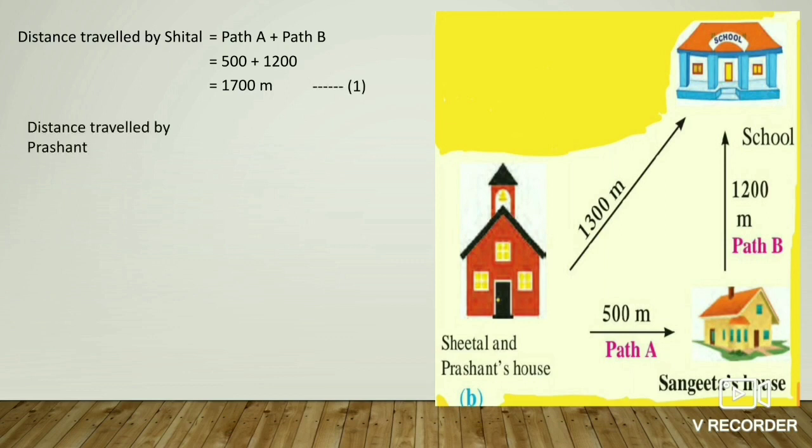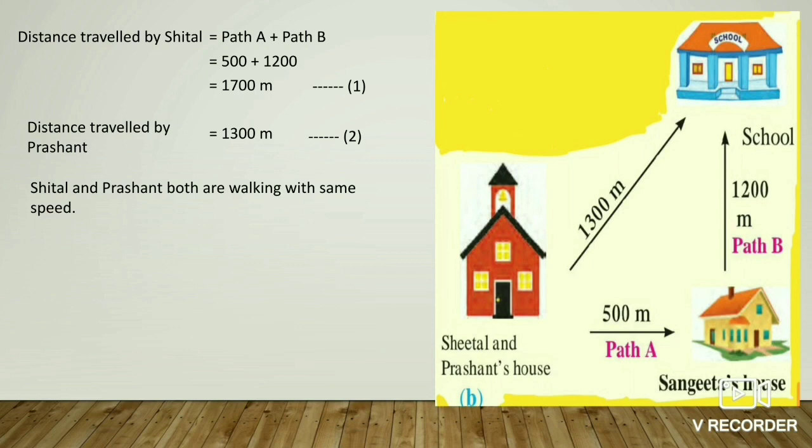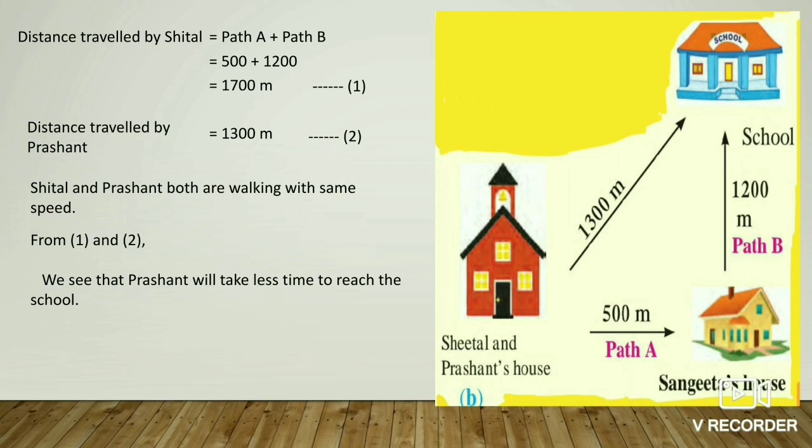Next, the distance traveled by Prashant. He chose the straight path. That means 1300 meter. Here one condition is also given that Sheetal and Prashant both are walking with the same speed. From the first and second equations, and with the condition, we say that Prashant will take less time to reach the school.